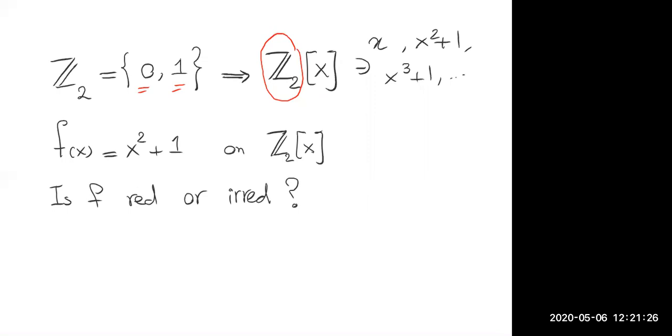Can we decompose f into simpler things, or we can't? Think about it for a few minutes to see if we can decompose it or we can't on Z_2.